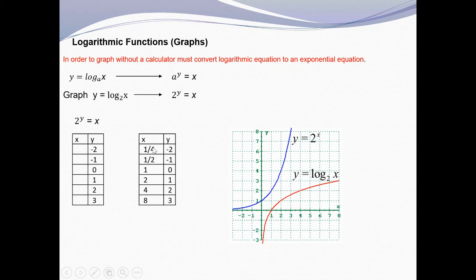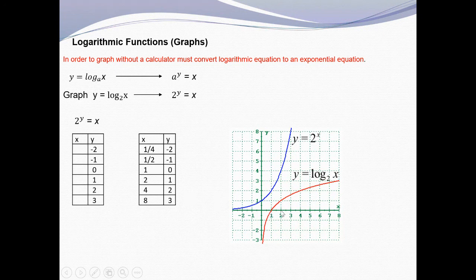But here, guys, is how you graph this one. When x is 1/4, if that's 1/2, 1/4 will be about right here. y is -2. When x is 1/2, right there's 1/2, and if you go down, y is -1. When x is 1, y is 0.